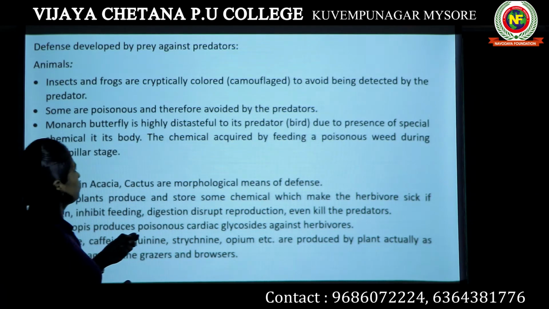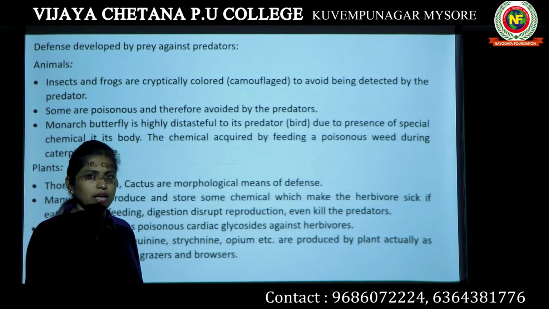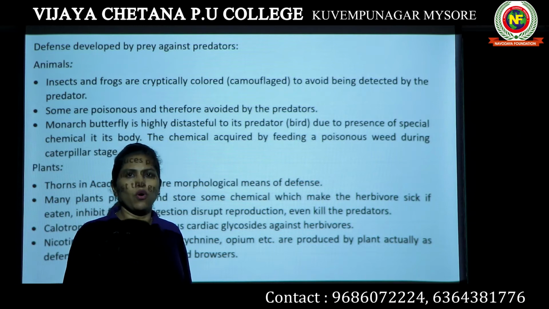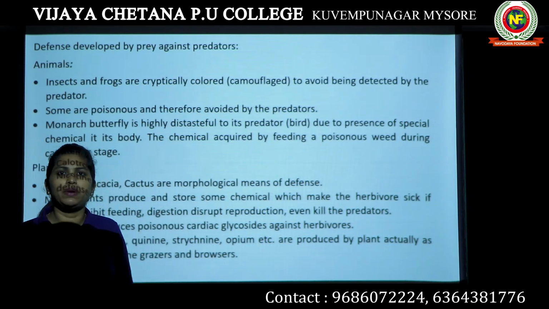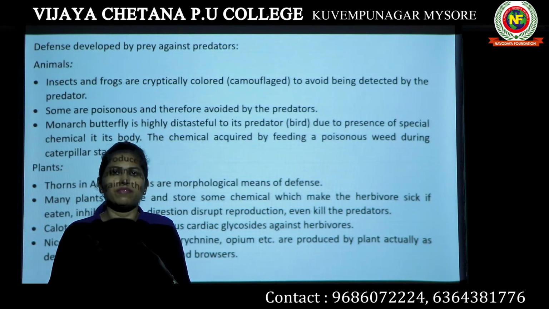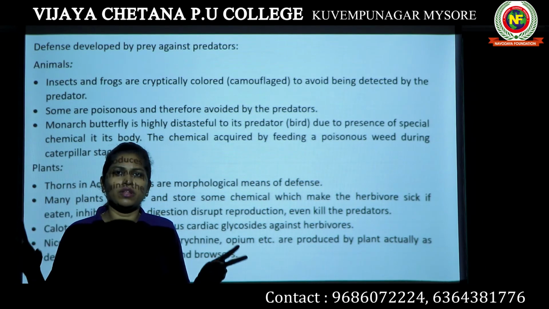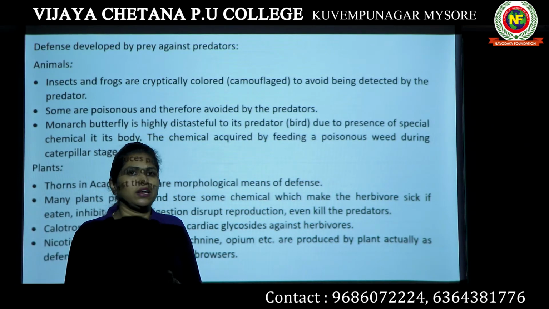It is also known as camouflage. There are certain insects and certain frogs who are cryptically colored. Cryptically colored means they will have a body color which is very much similar to the environment, or very much similar to the place where they are living.